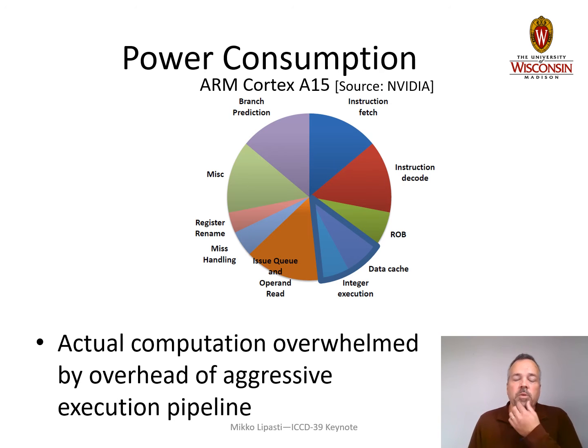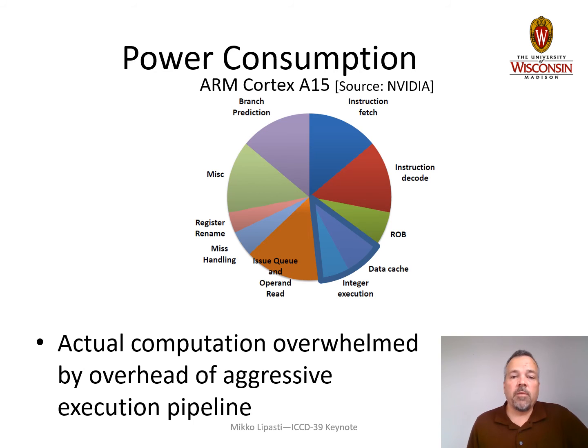And so, is this really the way we want to live? Is this the kind of design that we want when we're facing an era of design where we're fundamentally power limited? Do we want to spend this much power on things that really aren't contributing to the program's execution? They're just contributing to making sure that the execution units are busy.